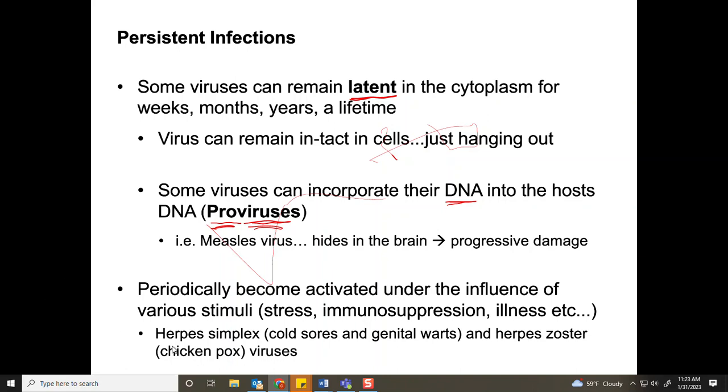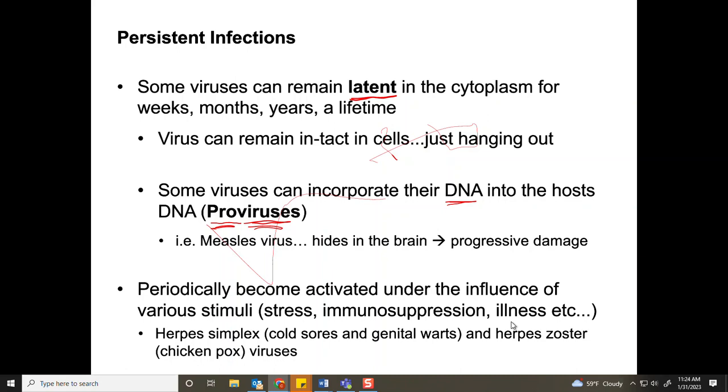A great example of that is herpes simplex virus. So this is the virus that causes cold sores as well as genital warts. Another example is the herpes zoster virus, which is the one that causes chickenpox. If you think about cold sores, some people will get a cold sore and it'll go away.